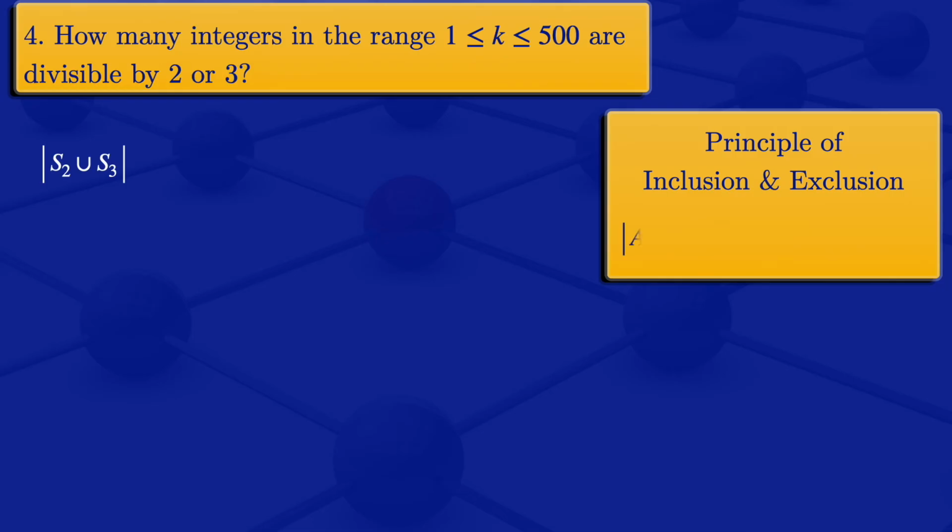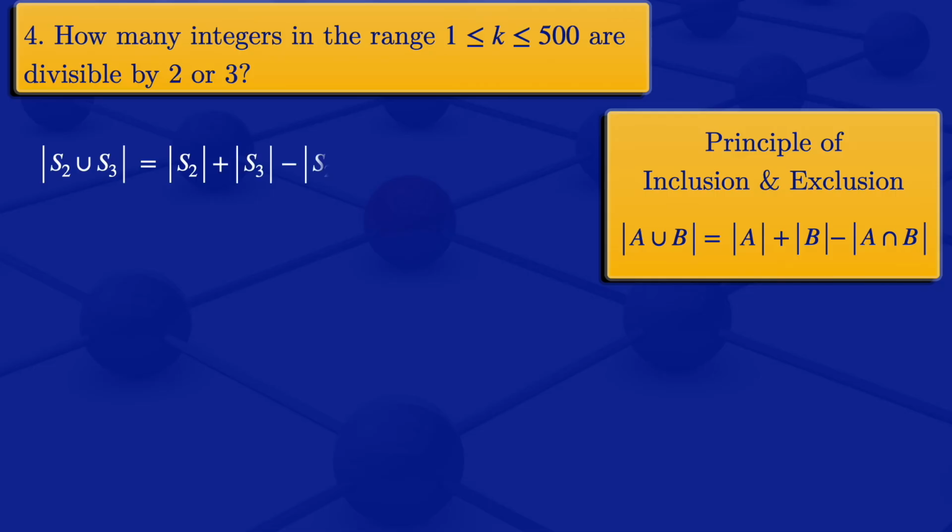It says that the cardinality of A union B is equal to the cardinality of A plus the cardinality of B minus the cardinality of A intersection B. So where we have the A here, we put S2, and where we have the B, we put S3. So the cardinality of S2 union S3 is equal to the cardinality of S2 plus the cardinality of S3 minus the cardinality of S2 intersection S3.